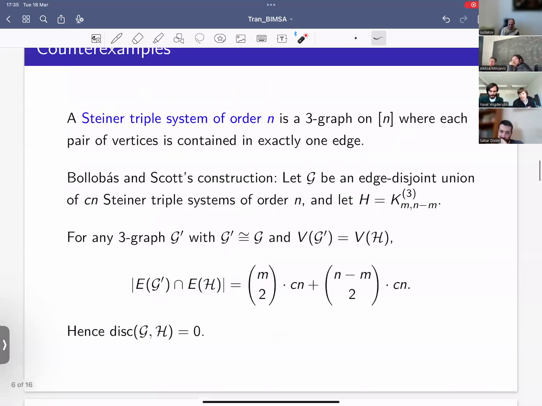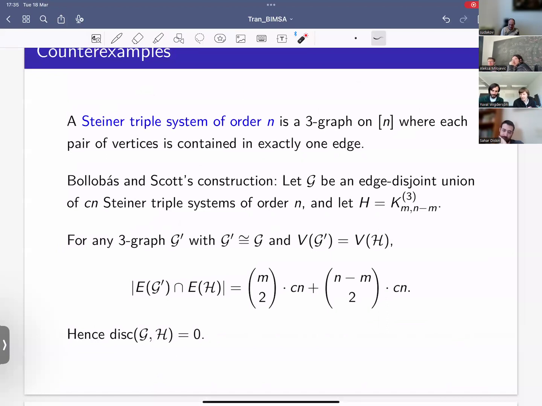So you take one vertex from one part, one vertex from another part, it's m times n minus m, and every such pair is extendable to a triple, and this triple will go across, just to make sure, right? If there is a question, please ask, it's indeed a mistake. Yes, so the formula was wrong, but the example still stands, as explained by Benny.